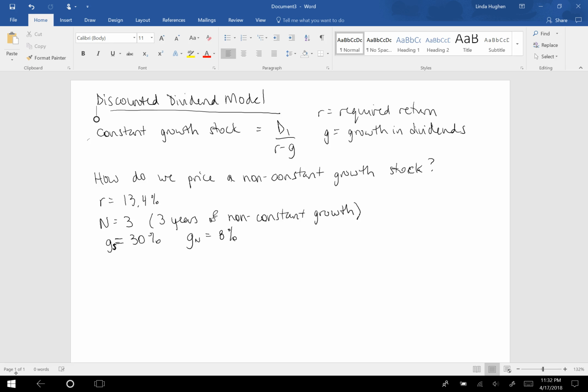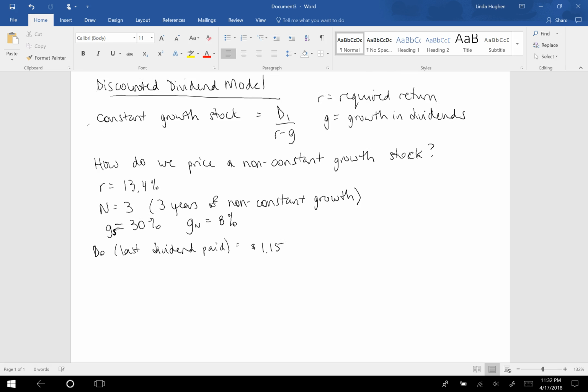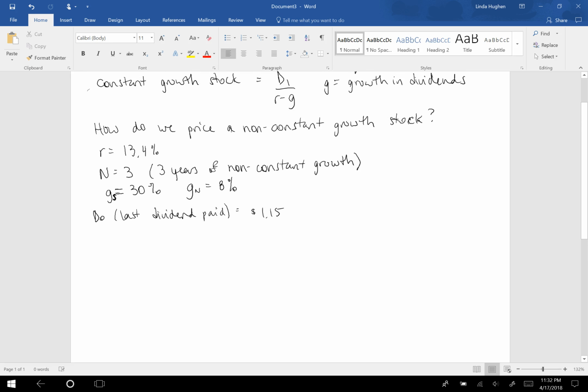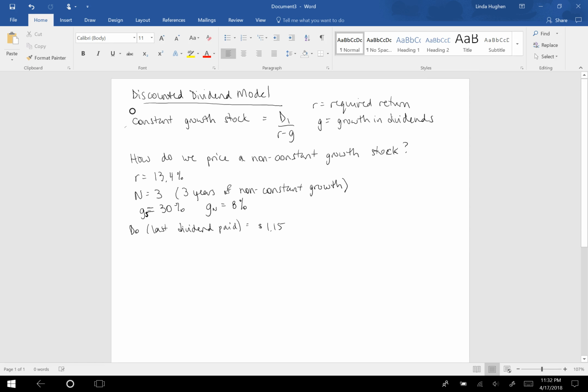The last dividend that the company paid was $1.15. So we want to use this information to try to determine what is the price of this company's stock.